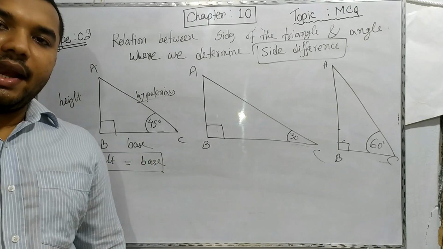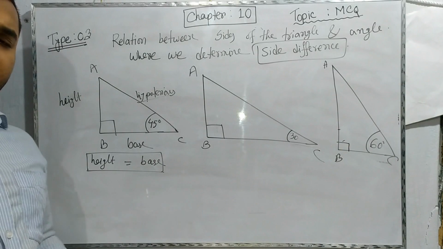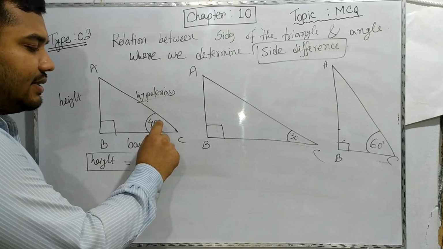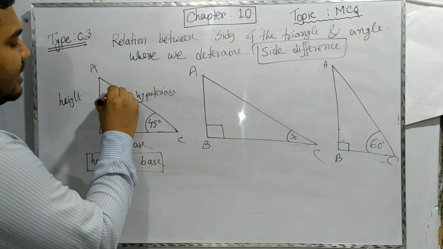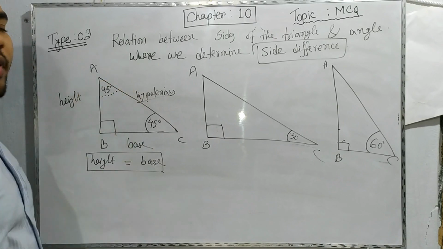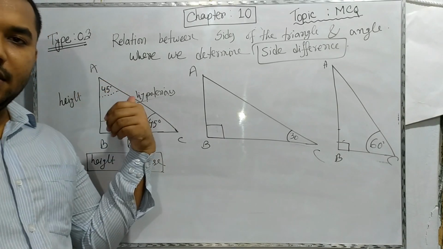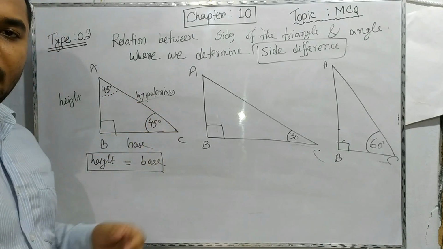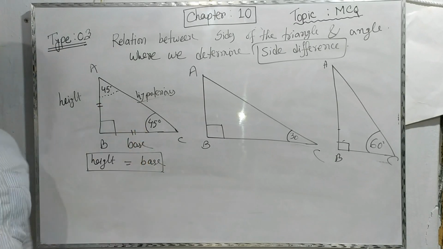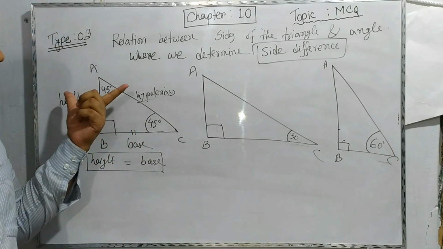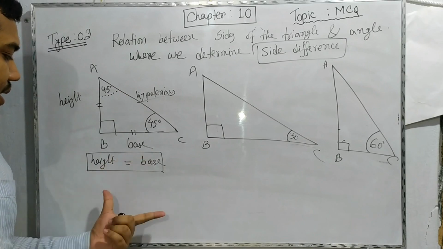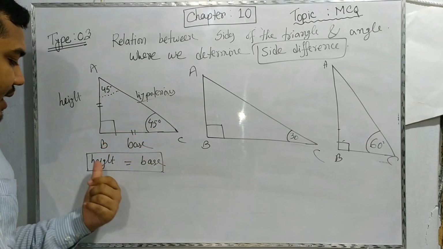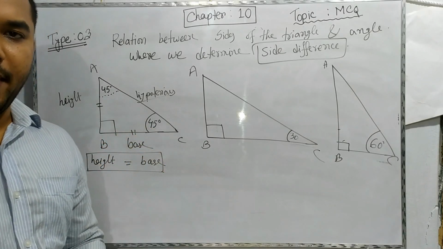Maybe one question has arisen in your mind: why is height equal to base for 45 degrees? Because if this is 90 and this is 45, then this other angle is nothing but 45 degrees. Since the two angles in this triangle are equal, these two sides are also equal. That's why the conclusion of the first figure is that height must be equal to the base.